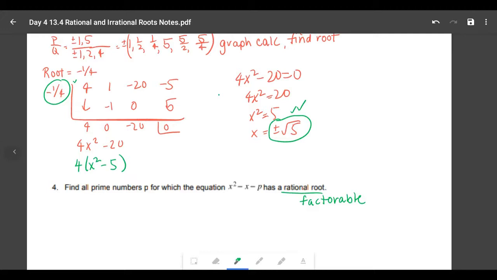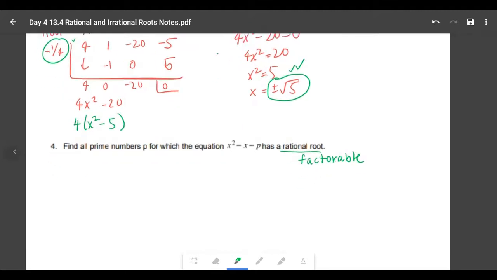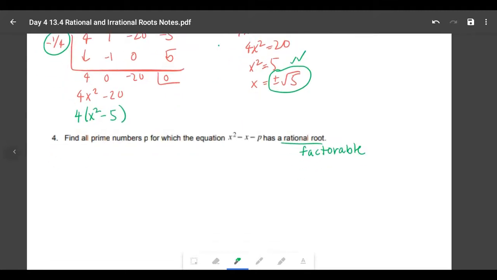And that gives me an irrational root. So it should be factorable down to linear factors.